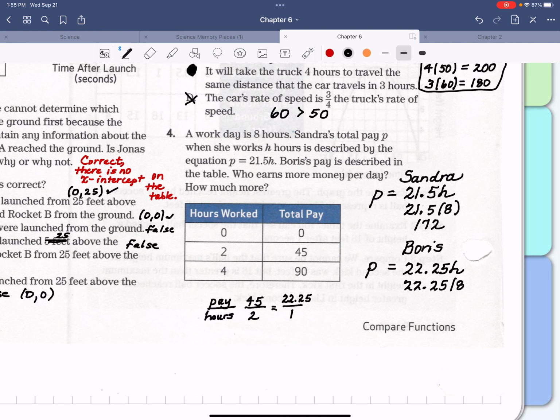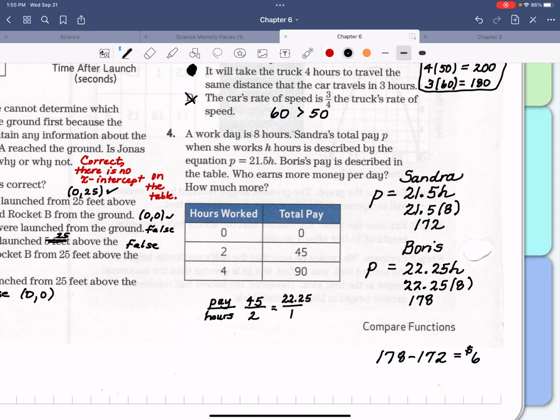It's not going to be a lot more because the numbers are pretty close for the slopes. But it will be a little more. 178. Is that right? Yes. So you subtract to find the difference. 178 minus 172 is a difference of $6.